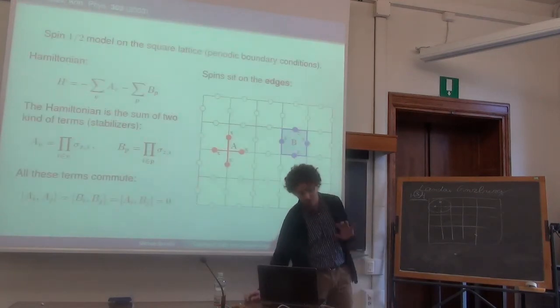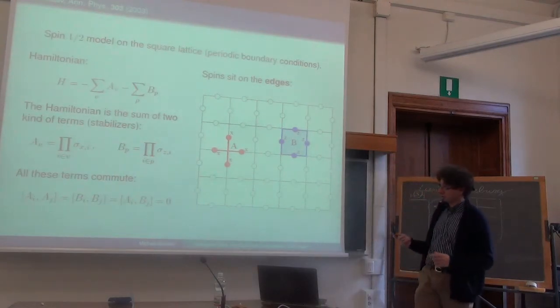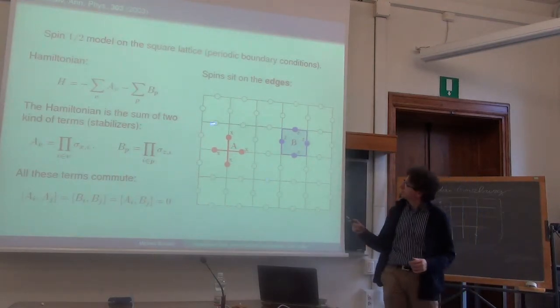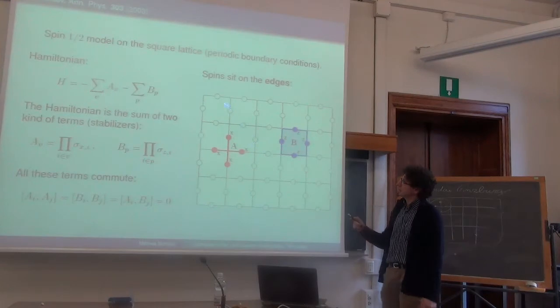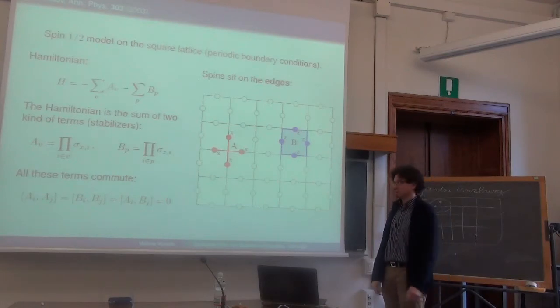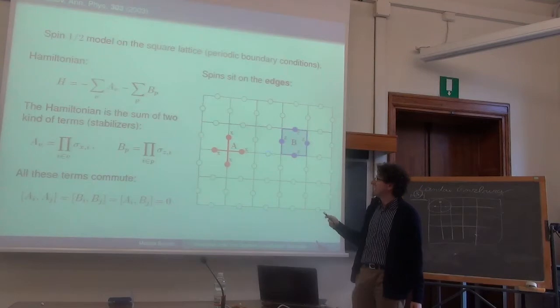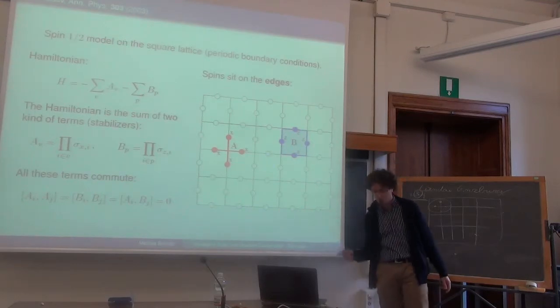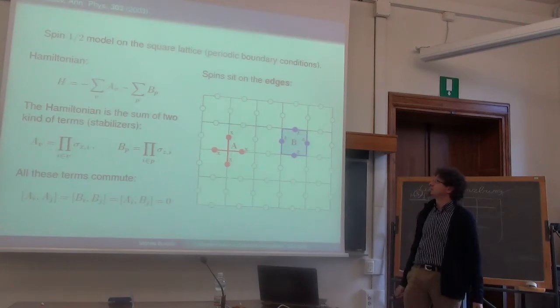So let us start from the first and most simple approach, which is the Hamiltonian approach. As I said, the toric code is usually defined on a square lattice, and there are spin 1/2 which live on the edges of this lattice, so that you may apply whatever spin 1/2 operator you want on these physical spins.